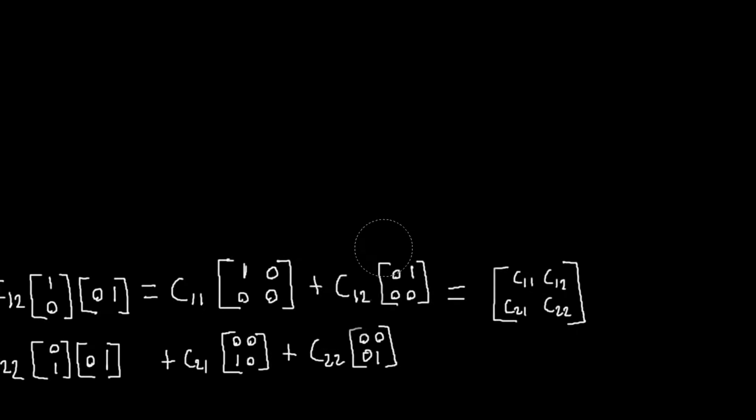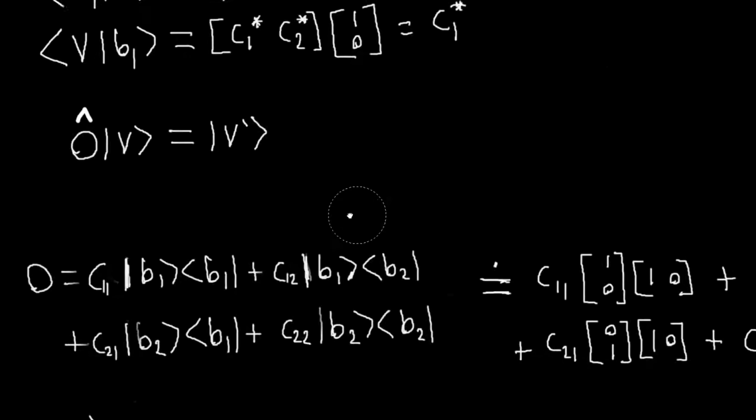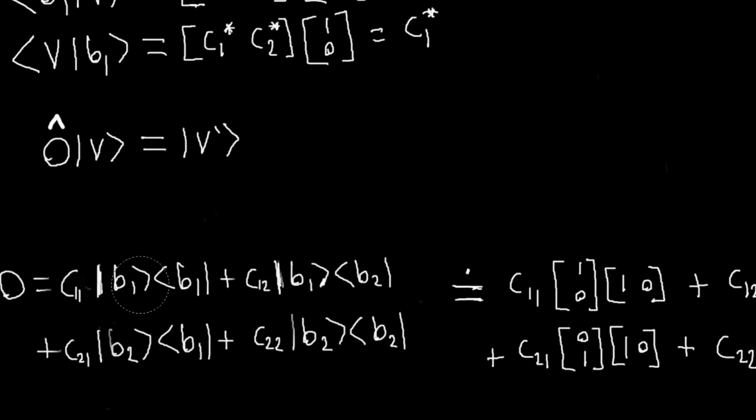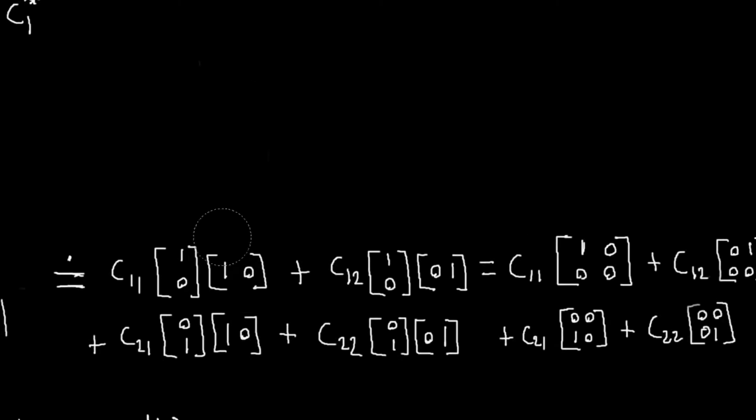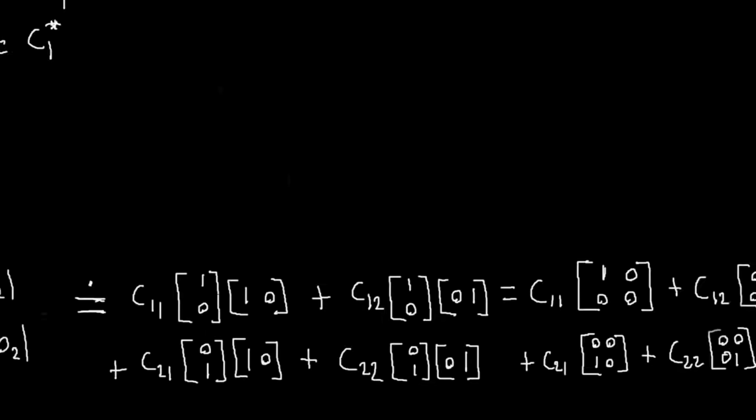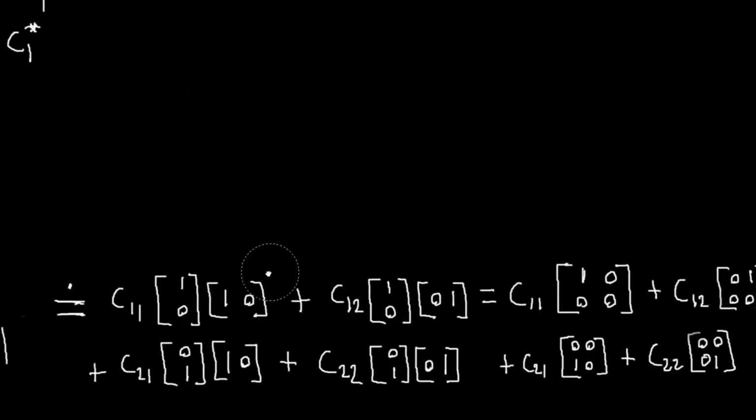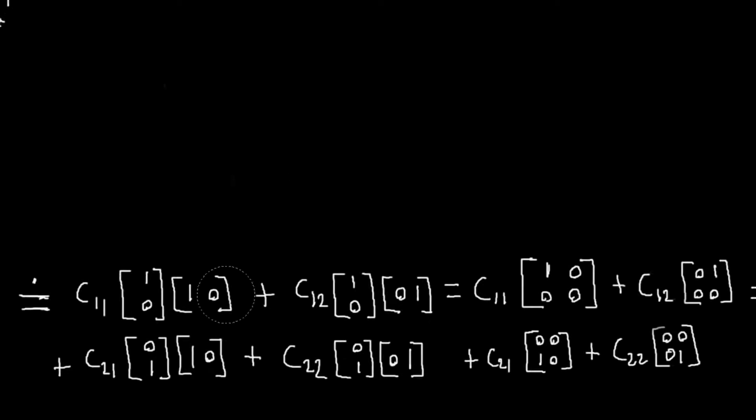square matrices. You can see this: to do outer products, b1 is the column vector. I can represent it by this column vector, and then the bra b1 I can represent by this row vector. So I have just the outer product of these column and row matrices.